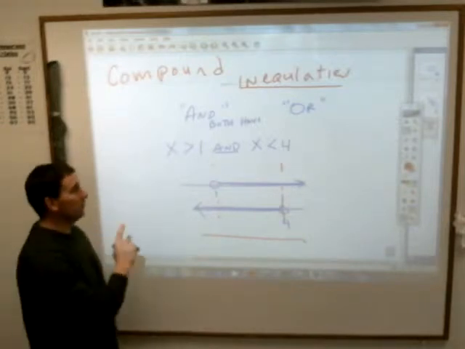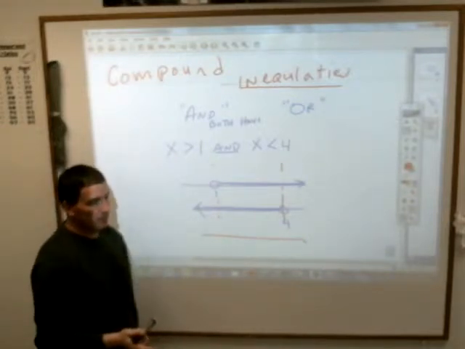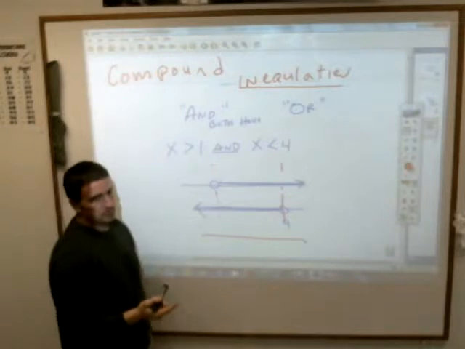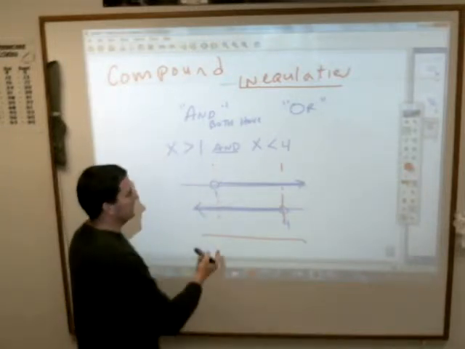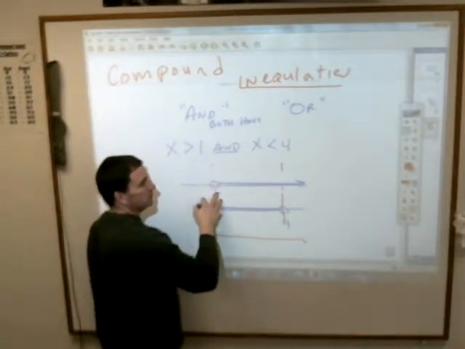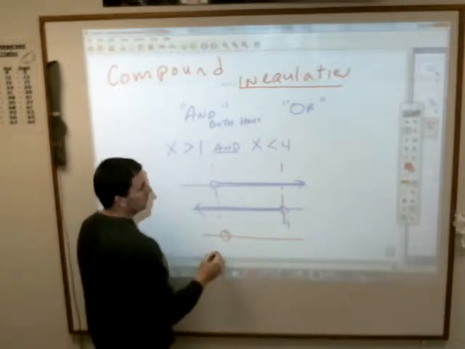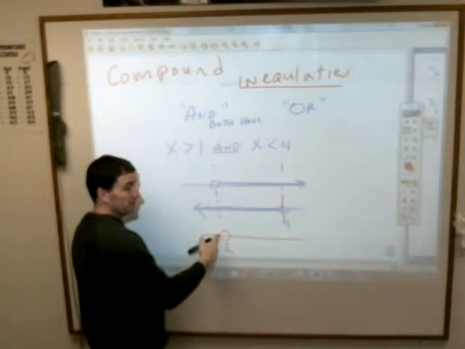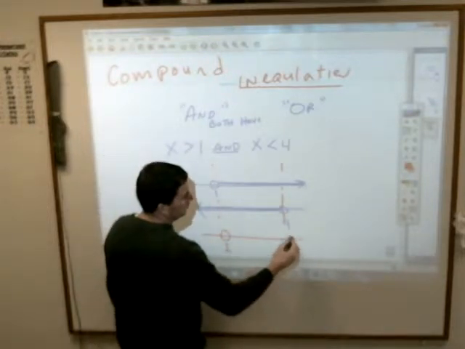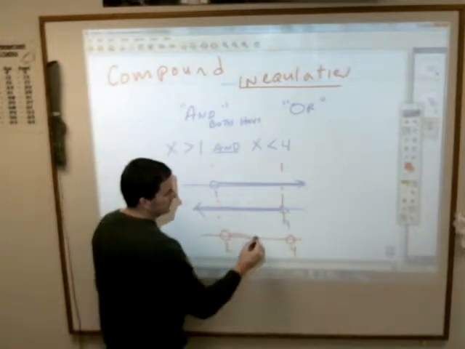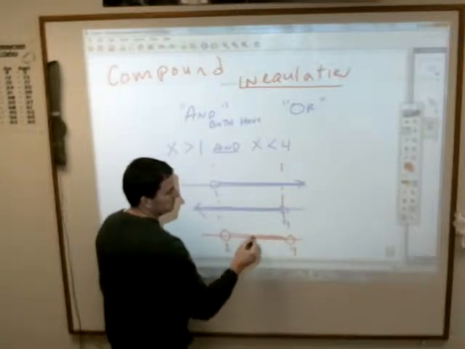What numbers are both greater than 1 and less than 4? 2 and 3, or the numbers in between. So when you have an "and" one, it's those two graphs put together. There's an open circle at 1 because it starts at 1 but doesn't include 1, and it goes to an open circle at 4, and it's only this stuff in between that is true.